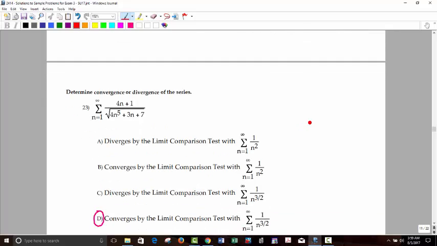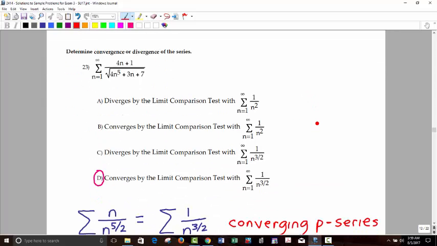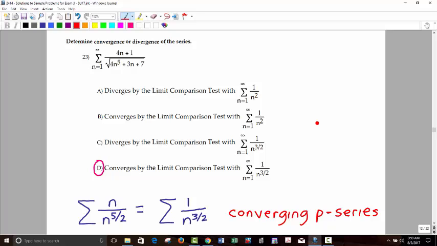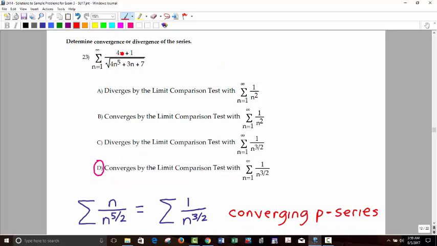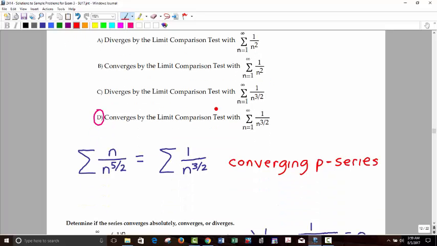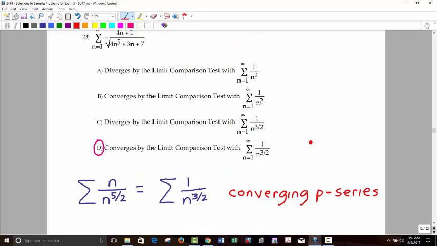Alrighty, let's take a look at this next one. Here's another one. You have to compare the exponents. Got to be real careful with this one. You don't have to worry about the coefficients here. Just look at the powers. So it's n over n to the 5 halves because of the square root. So n over n to the 5 halves is 1 over n to the 3 halves. You see it's very important that you get that right, to make sure you don't pick this or this.